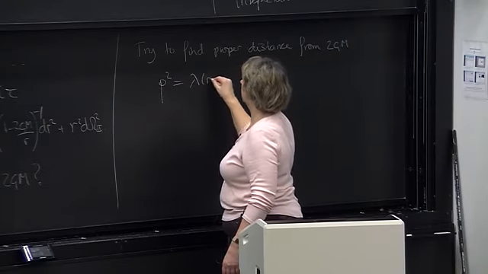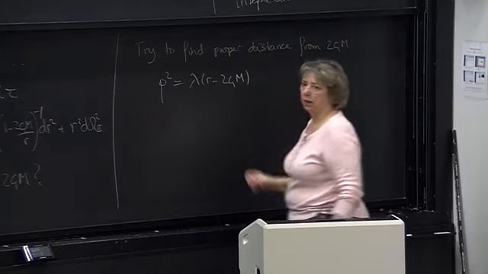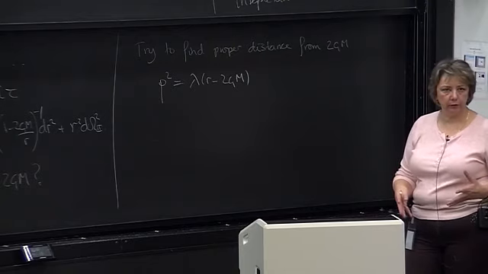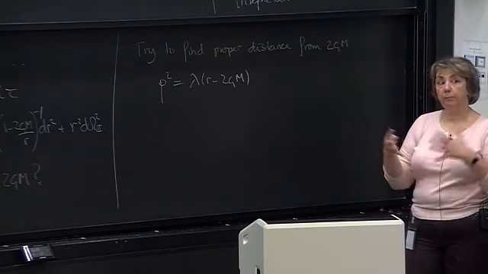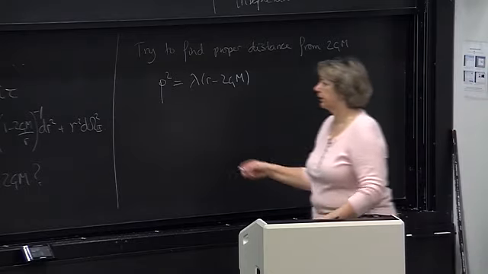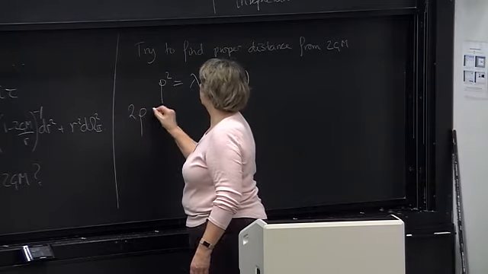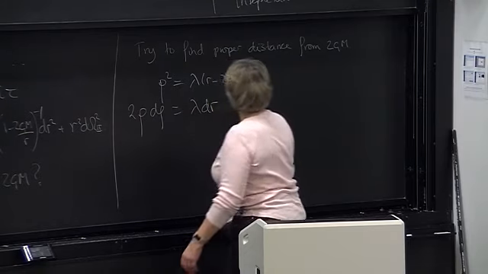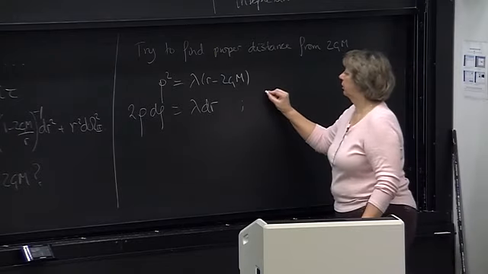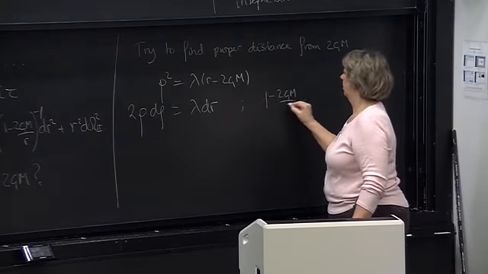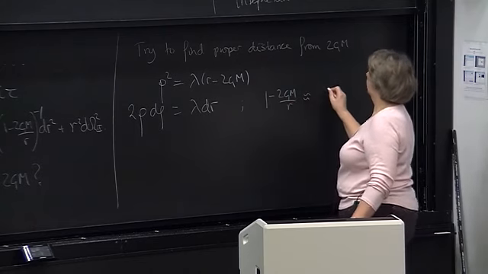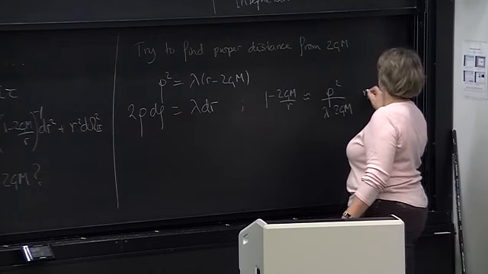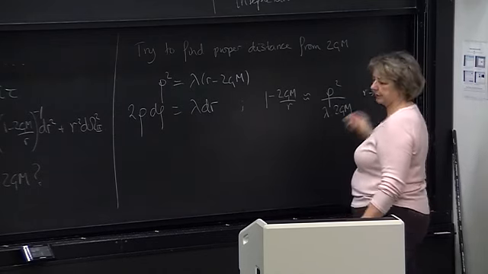So that means I need to take the square root, if you like, of r minus 2GM. So I'm going to define a rho that is proportional to the square root of r minus 2GM, and in the end I want my metric to start with d rho squared. So that tells me that 2 rho d rho is lambda dr, and also 1 minus 2GM on r is roughly rho squared over lambda times 2GM near the horizon.